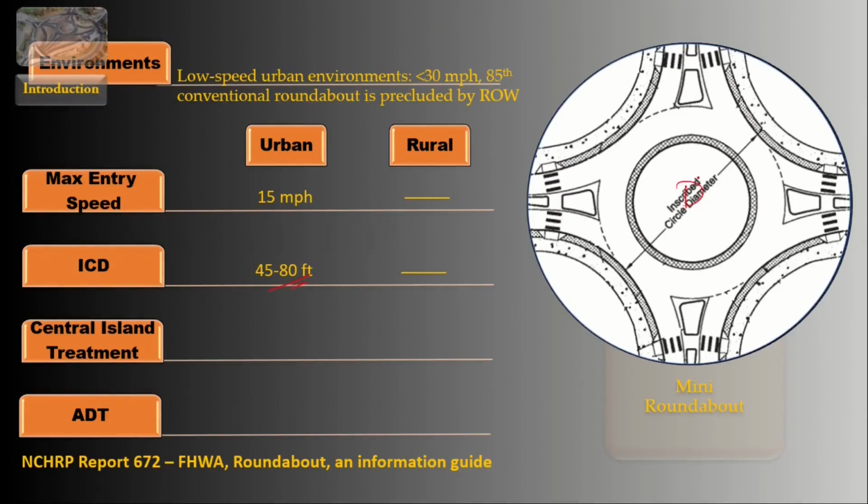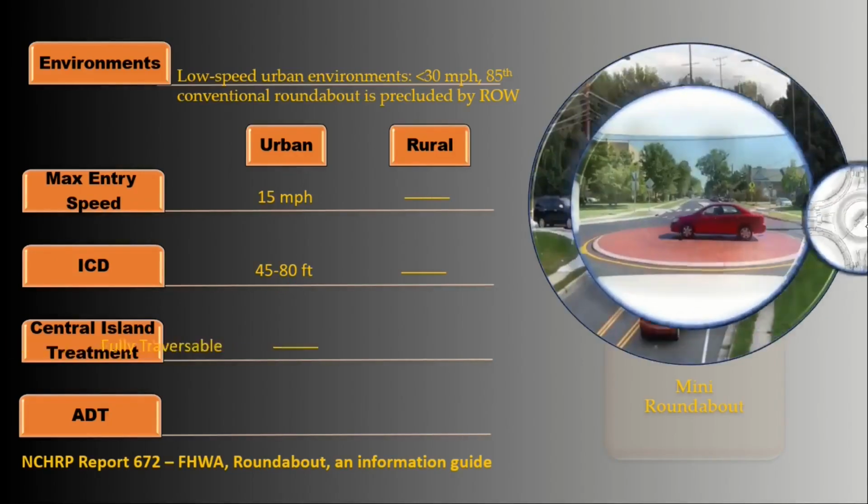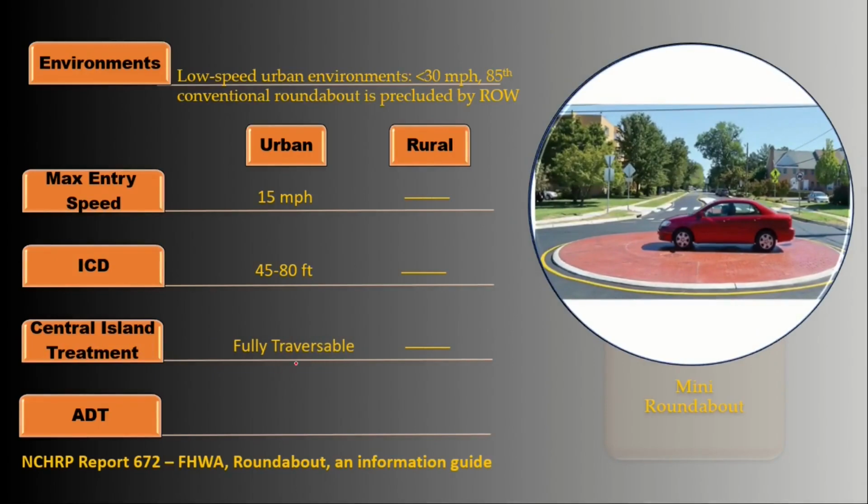This means the radius is at most 40 feet, which is smaller than the outer radius of most large vehicles when they're making a left turn, and that's why the center island of mini roundabouts is fully traversable. The slope is normally 3 to 4%, and once the height reaches 5 inches, the rest of the center island will be flat.